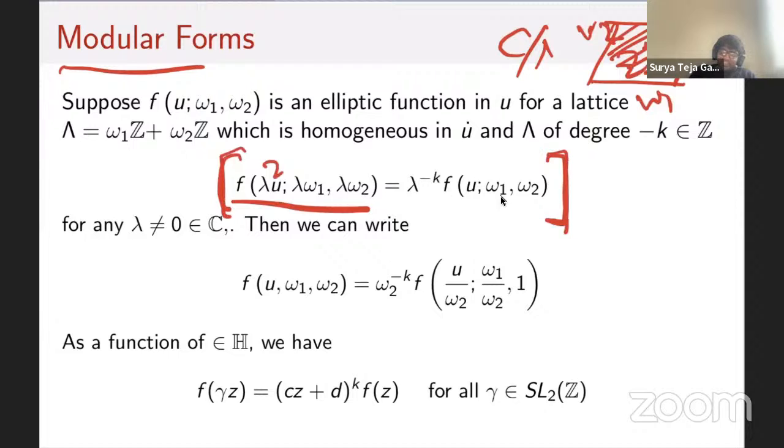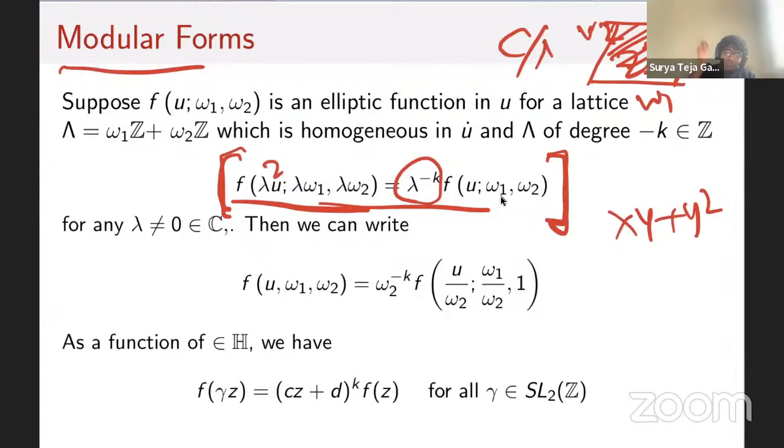If the function satisfies some homogeneity property, f of lambda U, lambda W1, lambda W2 comes out as lambda to the minus k, it's analogous to homogeneous polynomials. If you have xy plus y squared and scale it with lambda, you get lambda squared. So here it's like degree minus k.